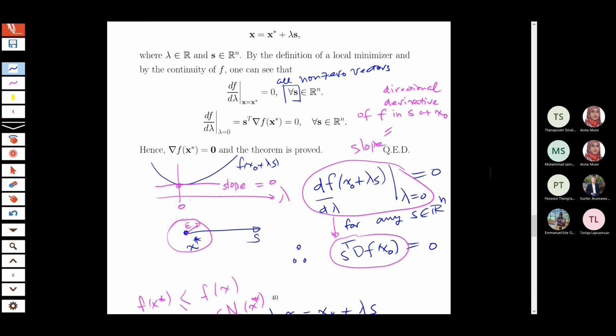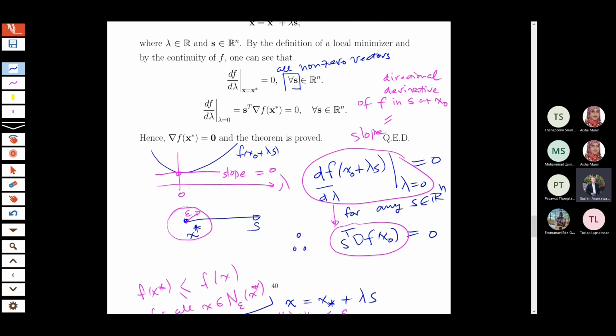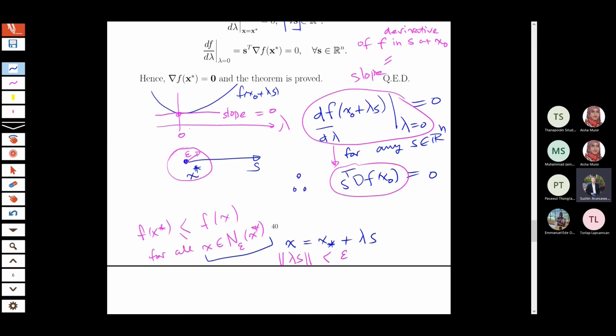Okay, so when s transpose grad f(x naught) is 0 for any non-zero vector s, what does it mean? Sorry, this is the point x star.